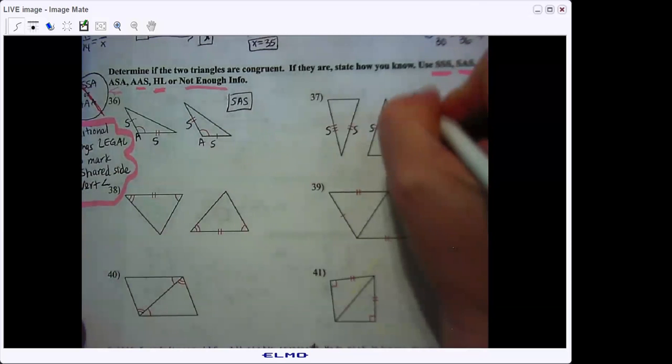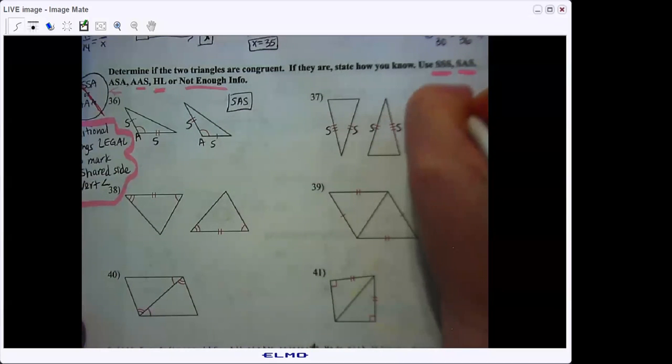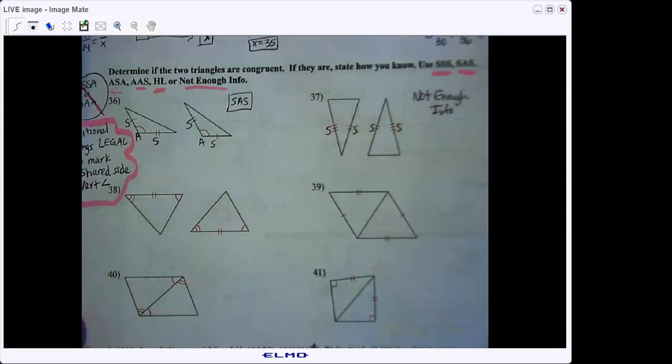They have no vertical angles, so they don't make an X. So we can't mark anything else. If we try to mark anything else, we're assuming something that we cannot legally do. Okay, so do I have enough information? No. Good. So this would be not enough information.